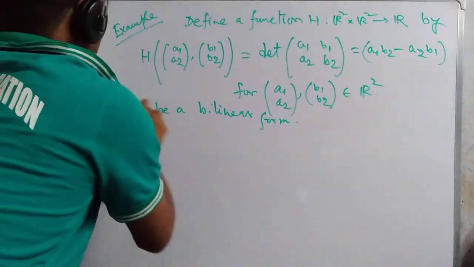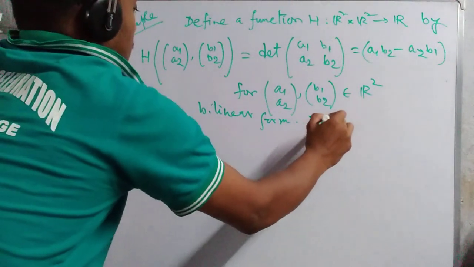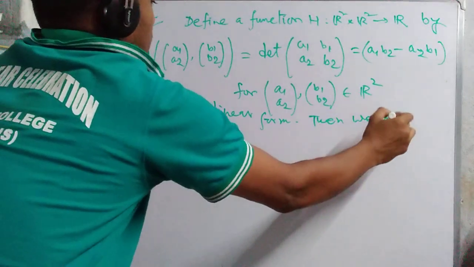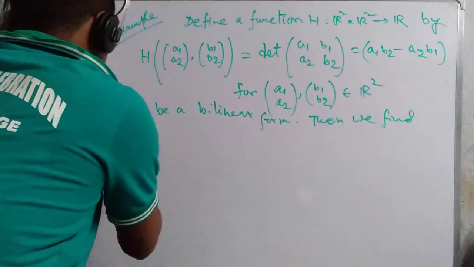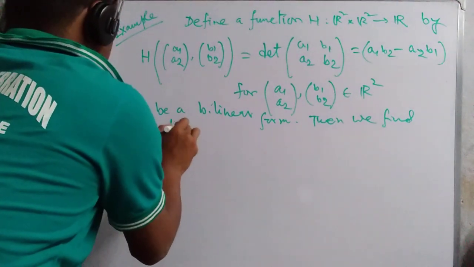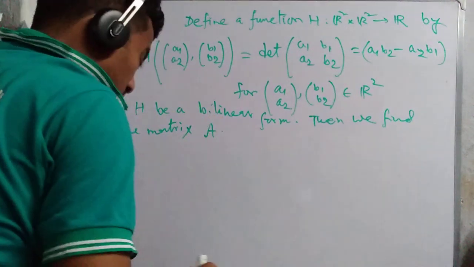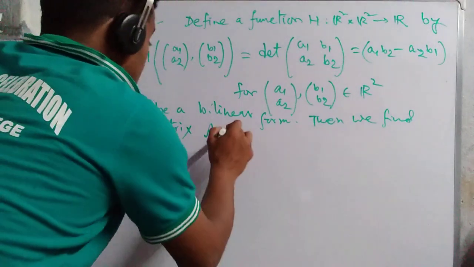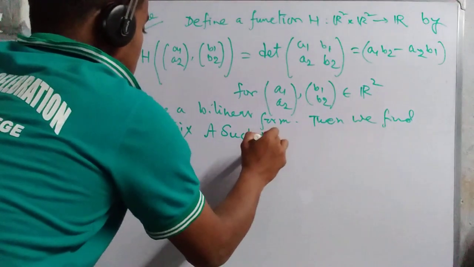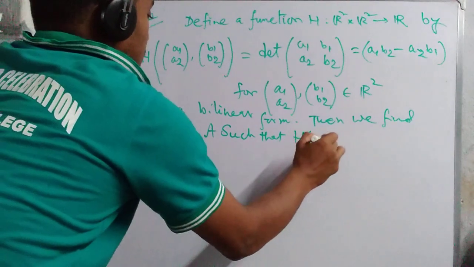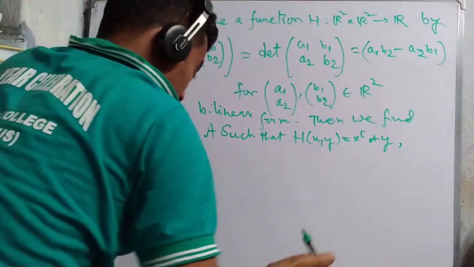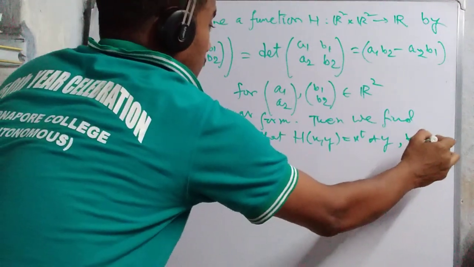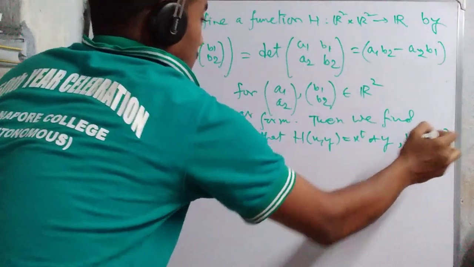Then we also find one matrix. Let h be a bilinear form. Okay, then we find the matrix A such that h of xy equals x transpose A y for all x, y belonging to R squared.